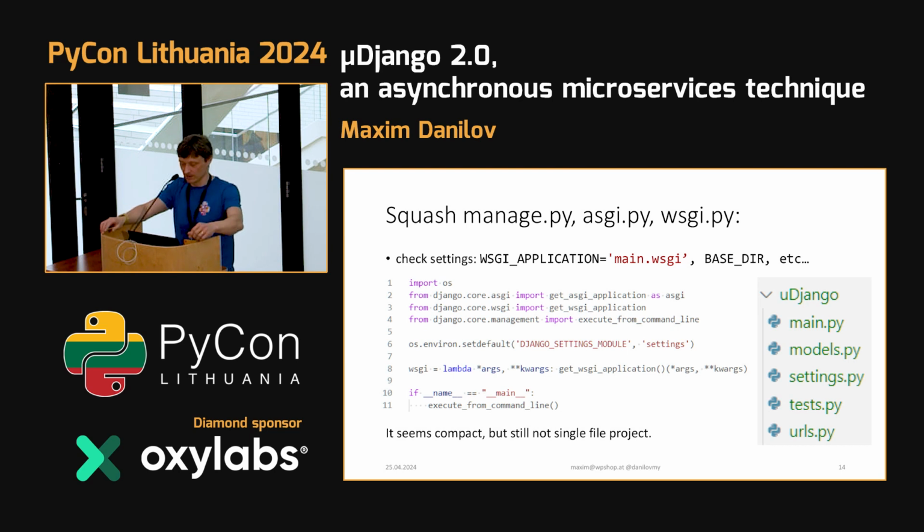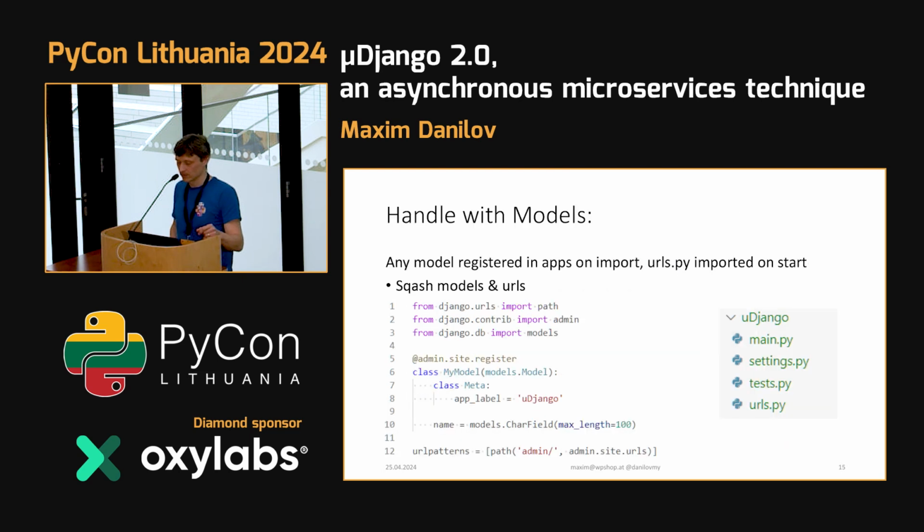I create only one version of the code, and from the manage API I take the if name main, execute from the command line. Don't forget to change in settings the WSGI, base dir, and some other settings. Okay, 5 files. Probably we can do something more.